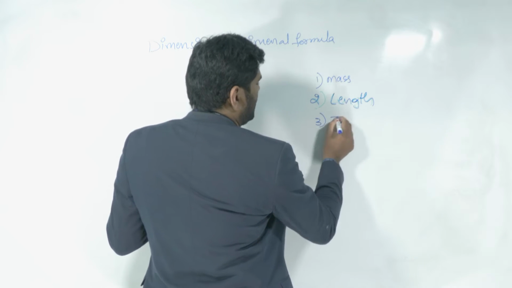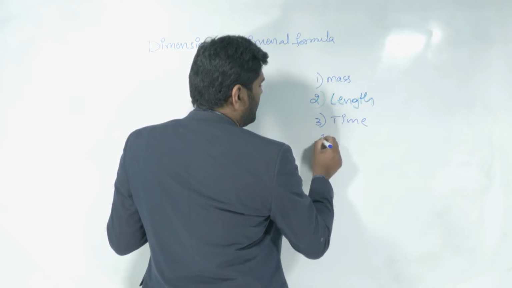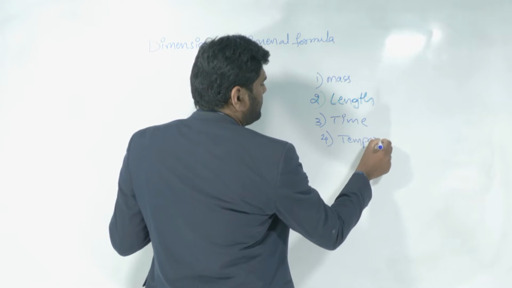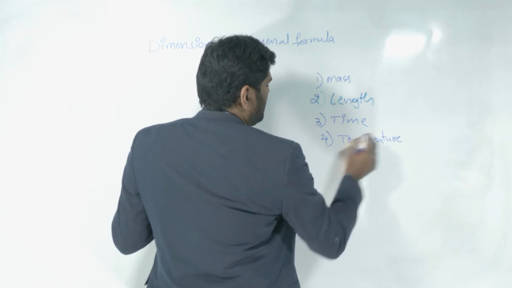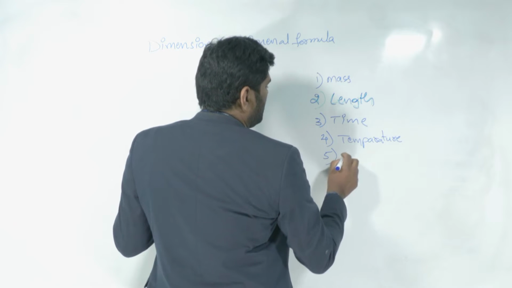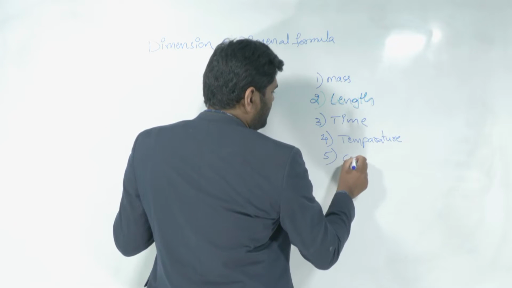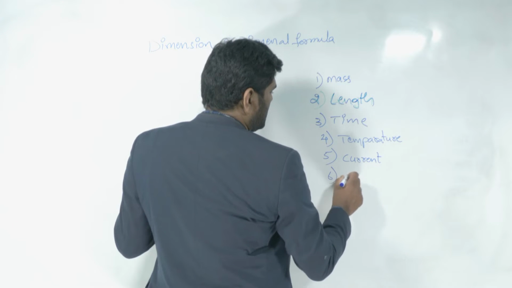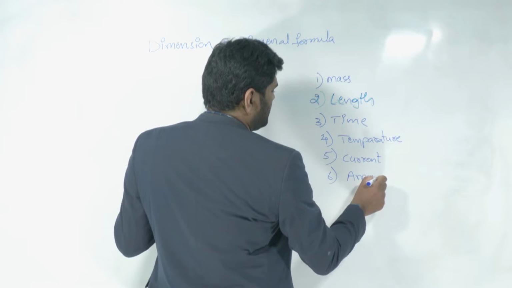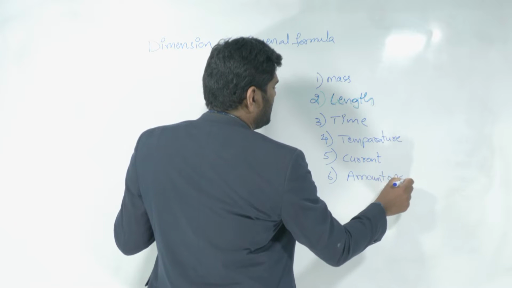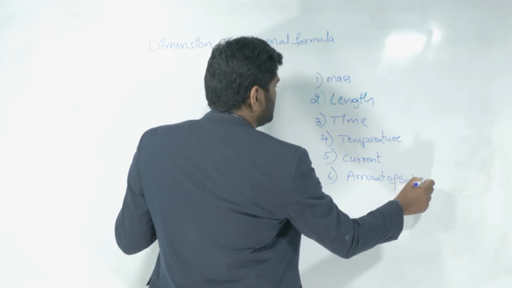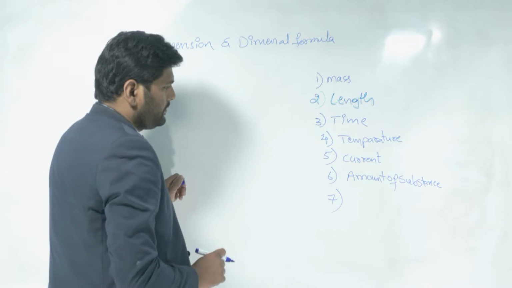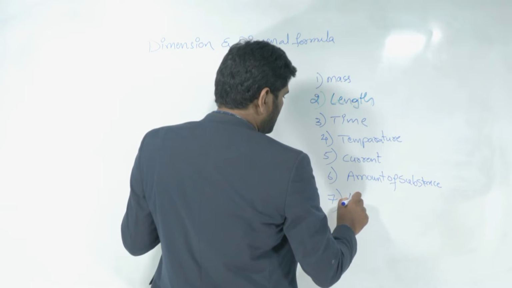Third one is time. Fourth one is temperature. Fifth one is current. Sixth one is amount of substance. And seventh one is luminous intensity.